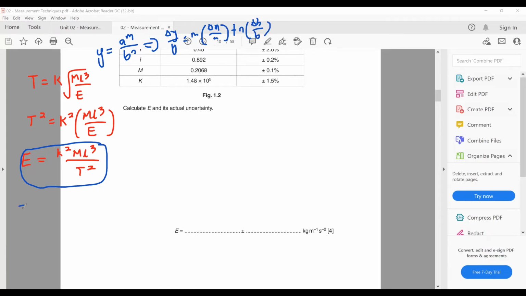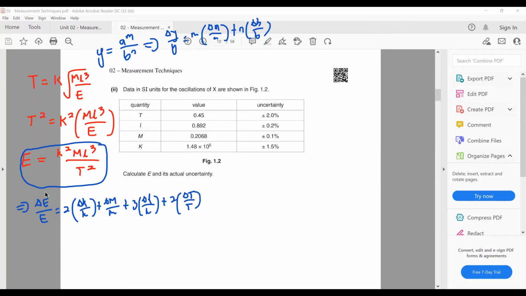So right now you can say that delta E over E equals 2 times delta K over K plus delta M over M plus 3 times delta L over L plus 2 times delta T over T. That is what you have here, right?